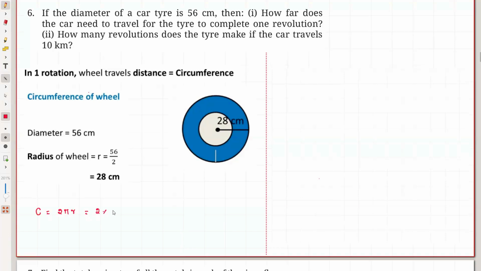So 2 into pi value 22 by 7 into radius 28. We can cancel: 4 sevens are 28. Then multiply: 2 into 22 is 44, 44 into 4 is 176.